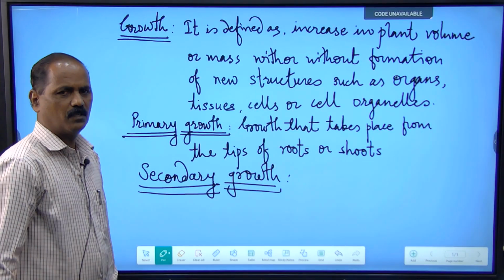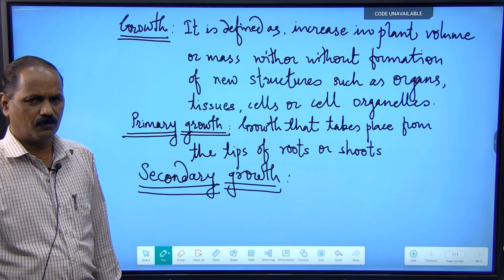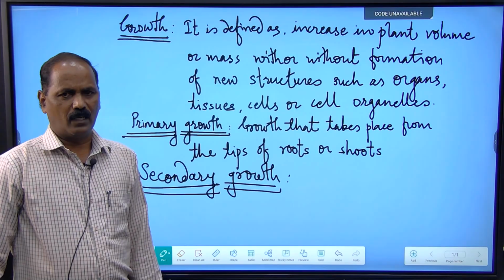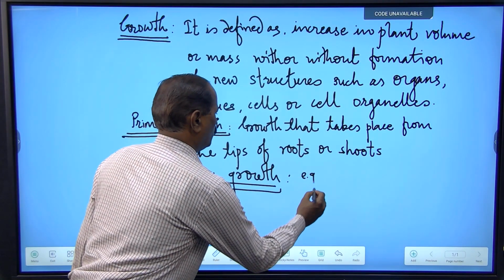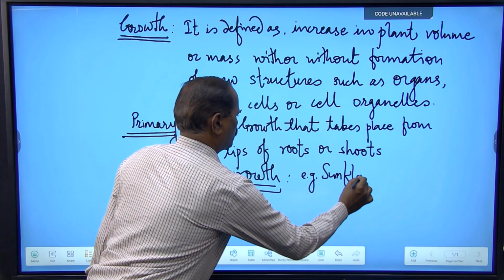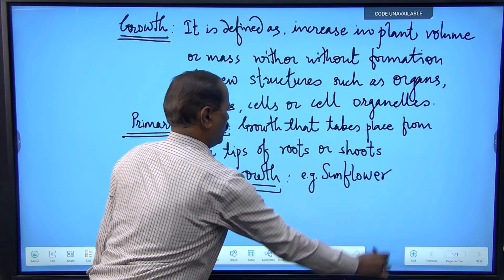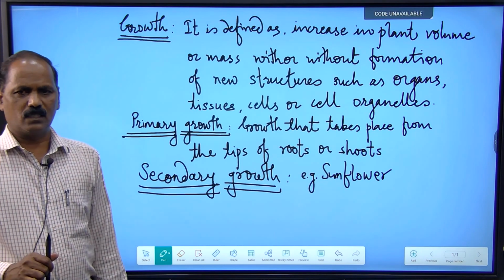As I just mentioned, secondary growth is possible only because of the formation of cambium, and we have an example of sunflower where we can see the normal secondary growth, and this is possible in the vascular structures.